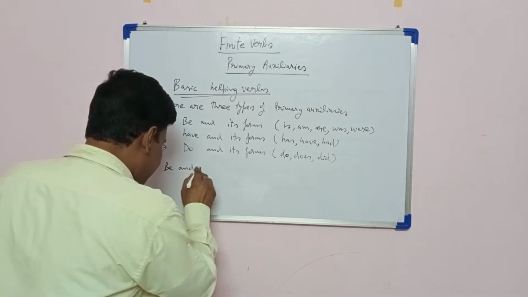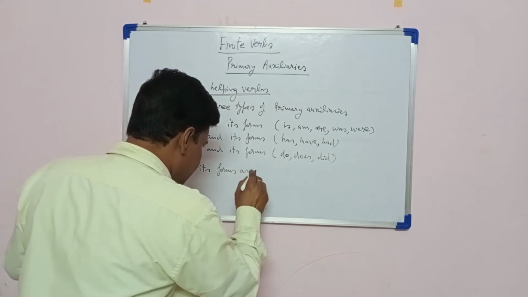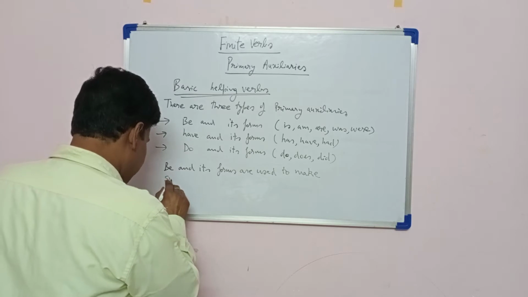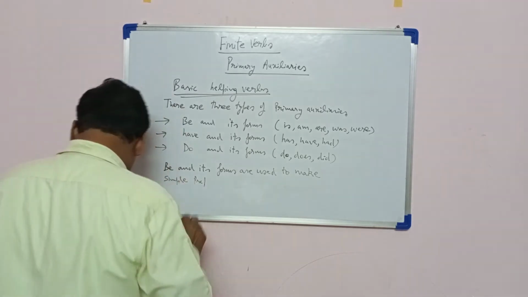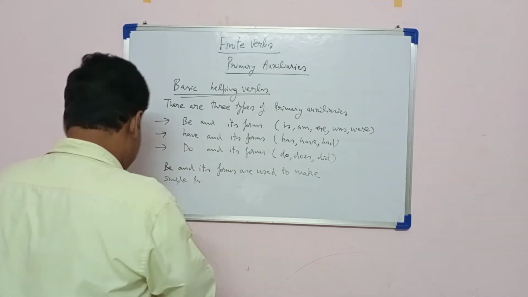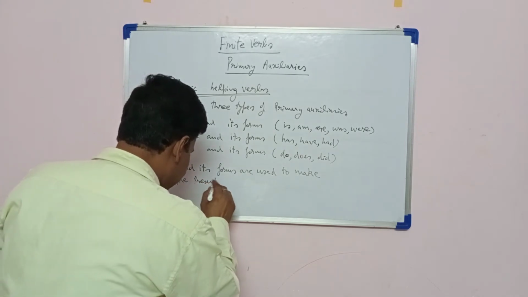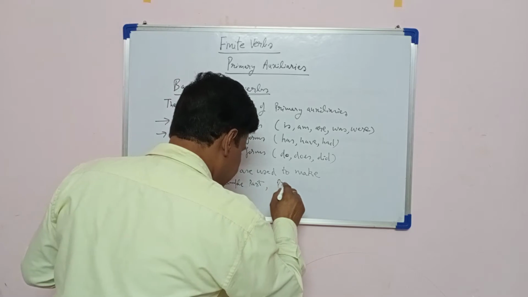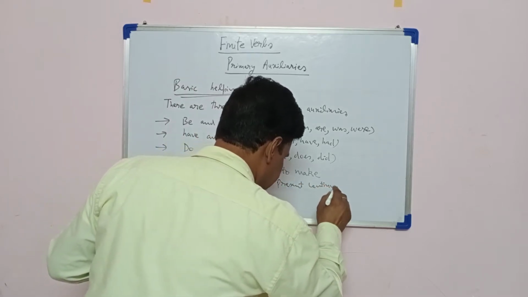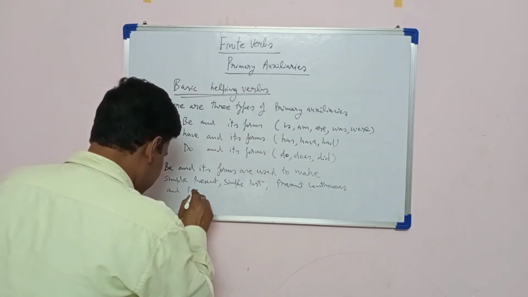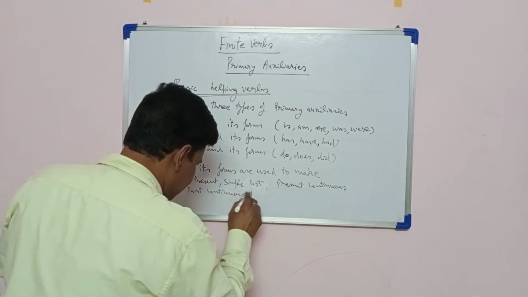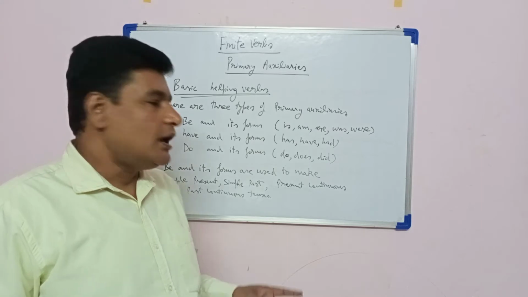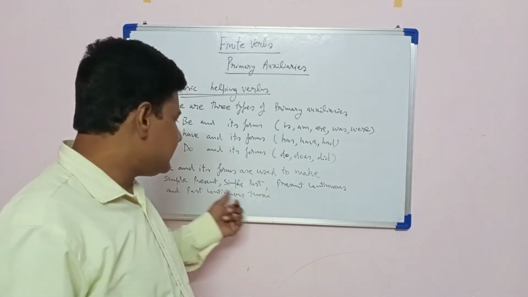Be and its forms are used to make simple present, simple past, present continuous, and past continuous tenses.